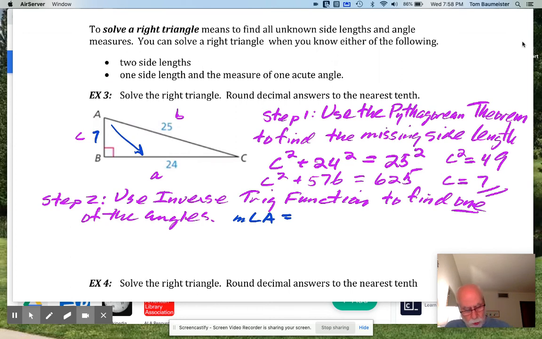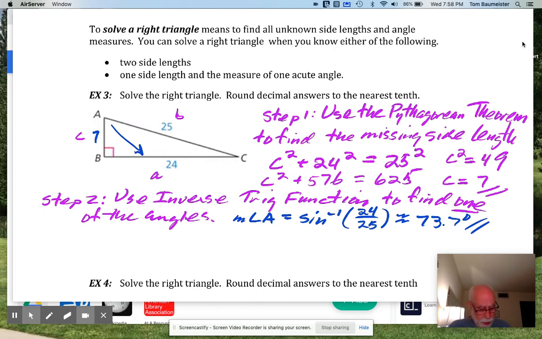So which one is the opposite over the hypotenuse? That's going to be sine. So we're going to take the inverse sine, and you can plug it in your calculator exactly like this. So the opposite over the hypotenuse. And when I do that, they said round it to the nearest tenth. So you should get 73.7 degrees.